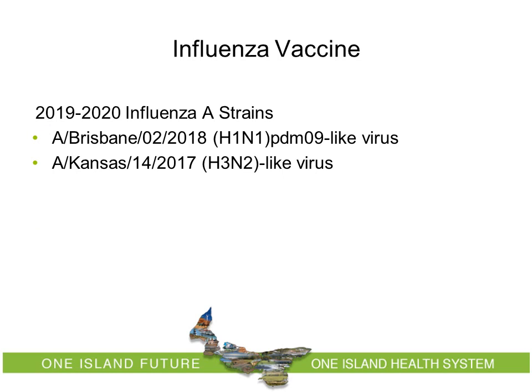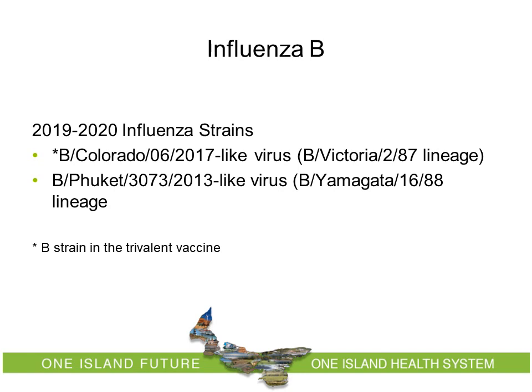The 2019-2020 influenza A strains include A/Brisbane, which is an H1N1-like virus, and A/Kansas, which is an H3N2-like virus. Influenza B strains that are included in this year's influenza vaccine include B/Colorado, which is a B/Victoria lineage, and B/Phuket, which is a B/Yamagata lineage.